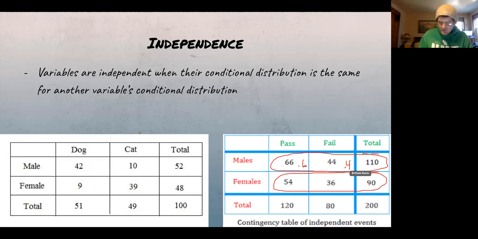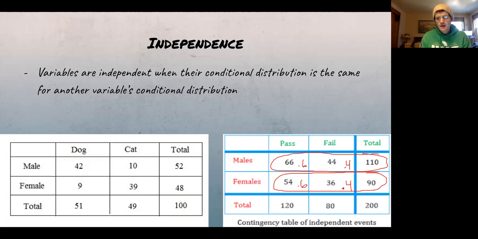For females, it's 54 out of 90, which is 0.6 and 0.4. My takeaway is that since males and females passed the class at the same rate, in the same distribution, it seems like there's no association between being male or female and being able to pass the class. This does not have an effect.